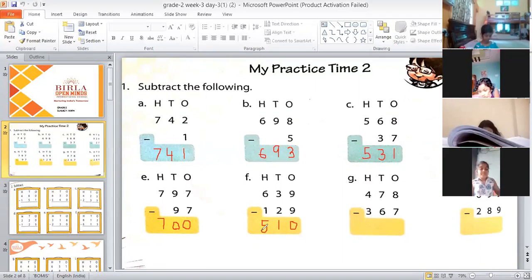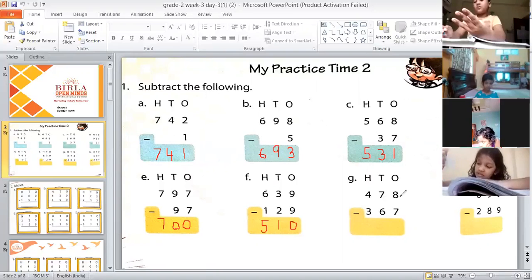Krishika, now tell me answer for bit G. Yes, ma'am. Yeah, read this first. Read this question. Read question number G. 478 minus 367. Very good. That's the correct answer.